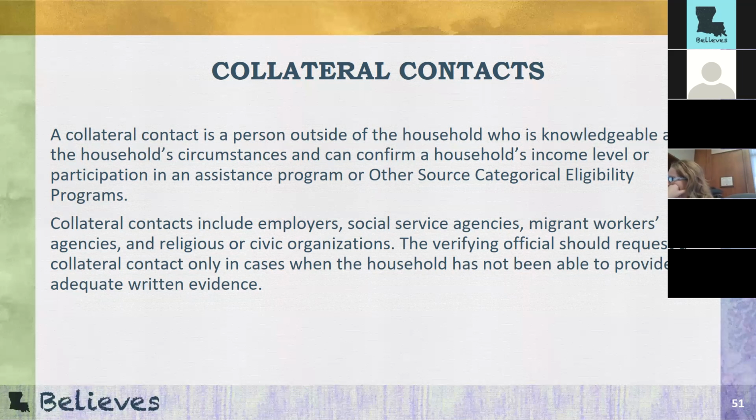Collateral contacts include employers, social service agencies, migrant workers agencies, and religious or civic organizations. The verifying official should request a collateral contact only in cases when the household has not been able to provide adequate written evidence.